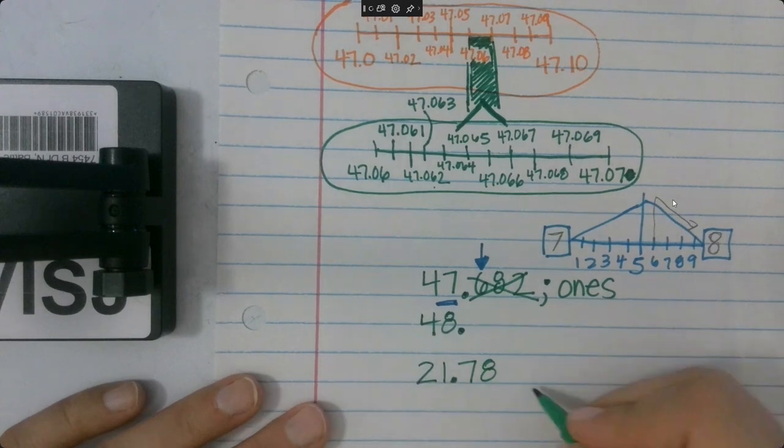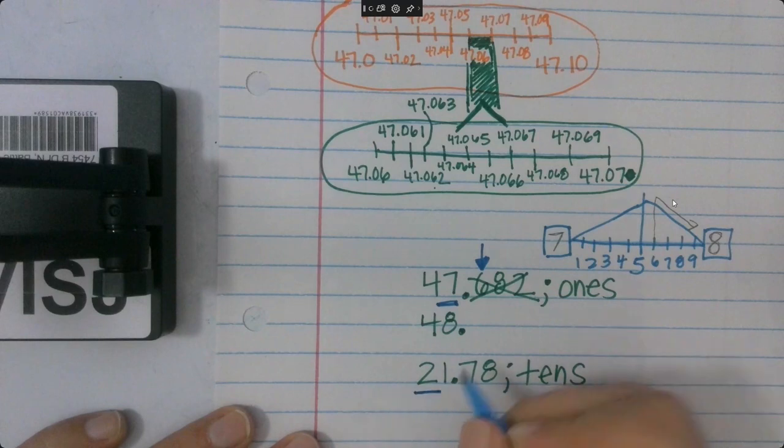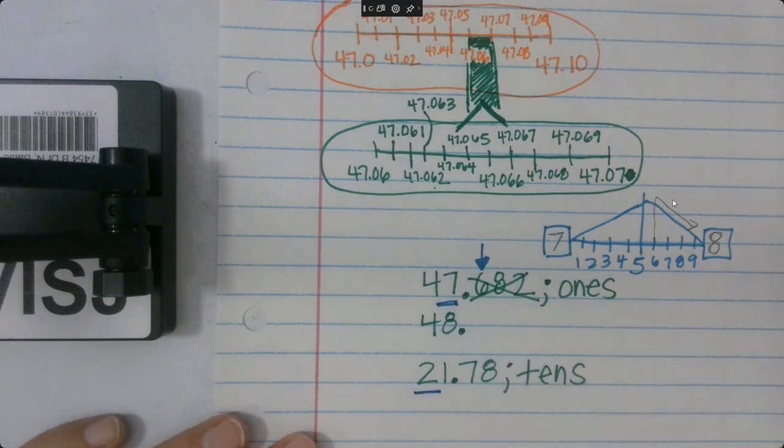Okay, this one says round to the nearest tens. Which digit is in the tens place? Not the tenths place, the tens place. The 2, thank you. Underline. Which digit is the helper? The 1.